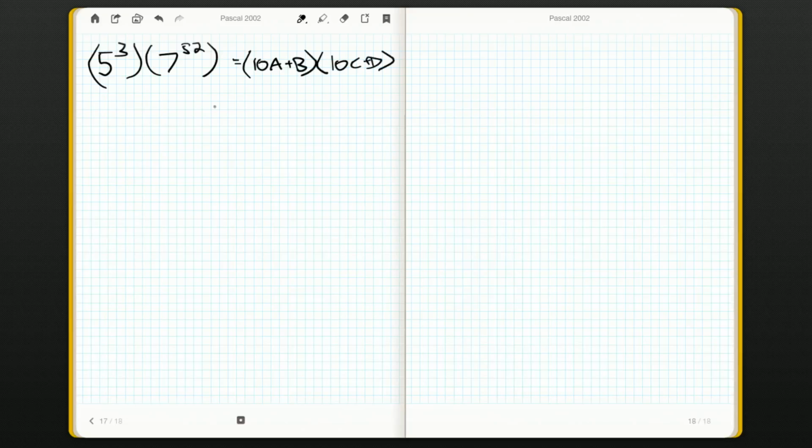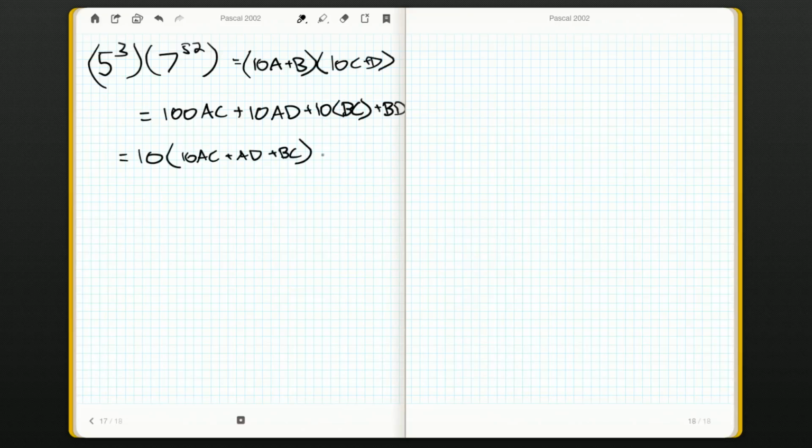And when we work this out, that's 100ac plus 10ad plus 10bc plus bd. And since we have a multiple of 10 here, the only thing that's going to contribute to the units digit is this bd term.